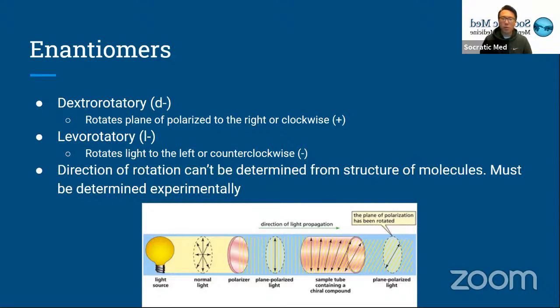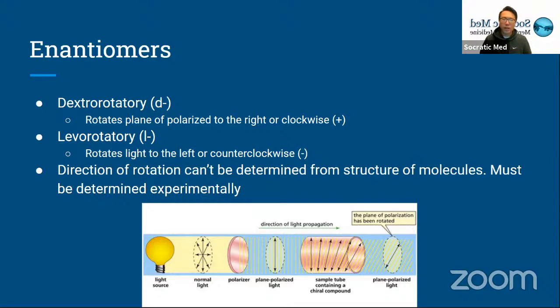So remember, clockwise is plus. I usually try to remember it as positive, because that's how a clock normally goes, and then counterclockwise is negative, which I think of as the opposite direction a clock goes. The direction of rotation can't be determined just by looking at the structure of these molecules and compounds. It must be determined experimentally.